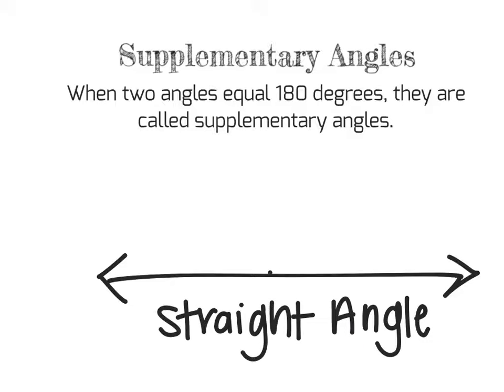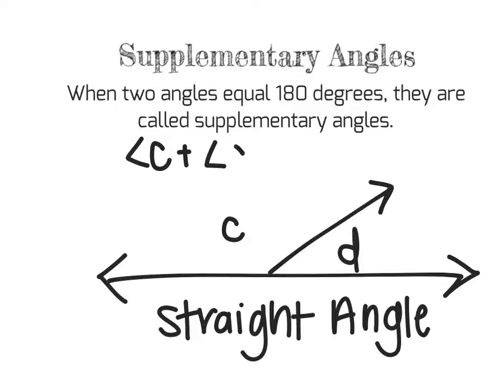So for example, a supplementary angle might look like this. And we'll call this angle C and angle D. So angle C plus angle D would have to equal 180 degrees for them to be supplementary. So for example, we could have that angle C equals 150 degrees.